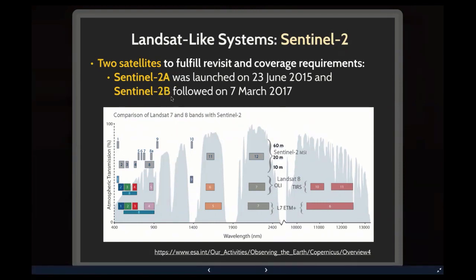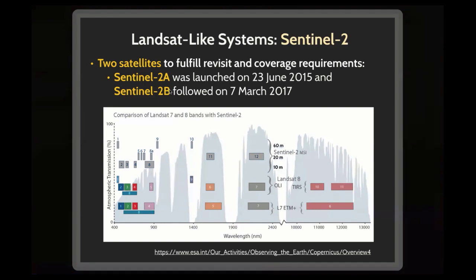The A and B are pretty much the same. Basically the two satellites are alternating so that they can have frequent coverage of the whole Earth. Depending on where you're looking at the data, you may have A or B, but they're basically identical because the two satellites function simultaneously so that you can get better coverage.